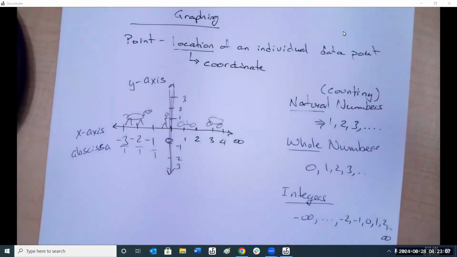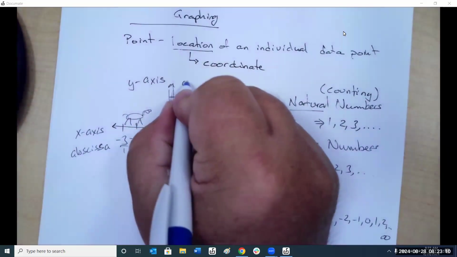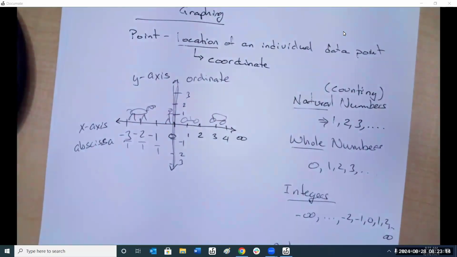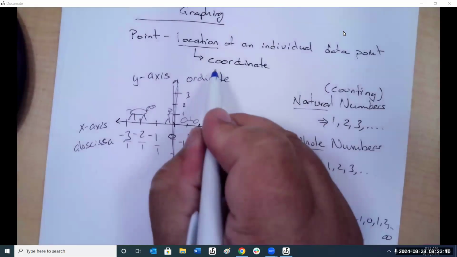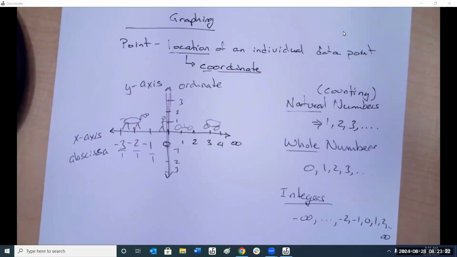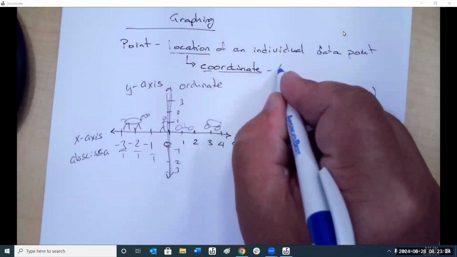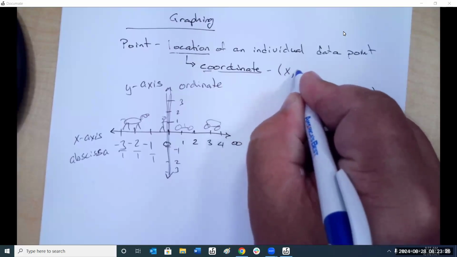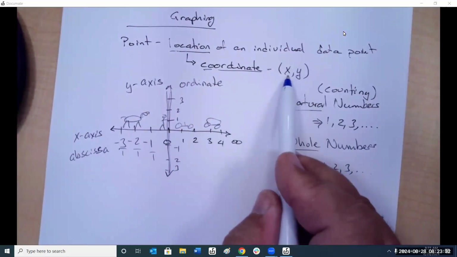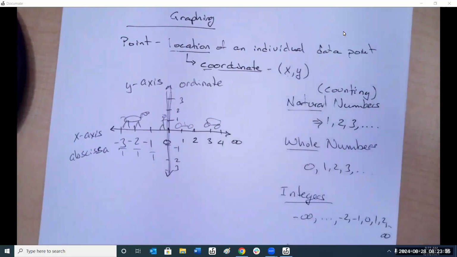It was the abscissa and the ordinate. That's where the word coordinate comes from. They go together. A coordinate is a specific location, a pair of numbers. Since the horizontal came first, it goes first, then the vertical.